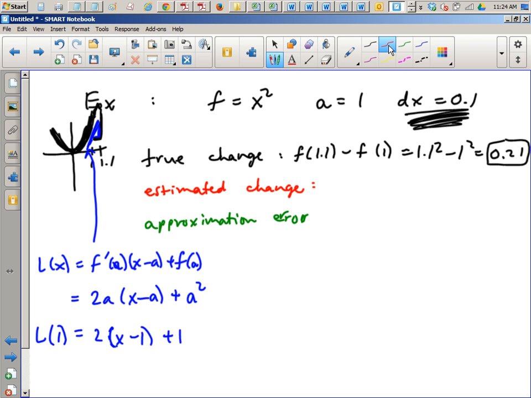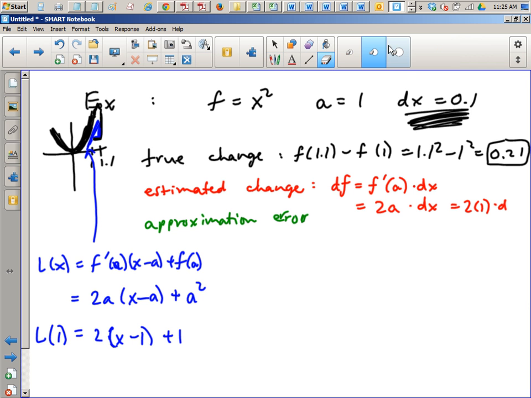To find the estimated change, you can just kind of abbreviate it all by doing this. df is supposed to be f prime at a times dx, as it says on the board, right? So you could just go like this, 2a times dx. a is 1, it's given in the problem. dx is also given in the problem.